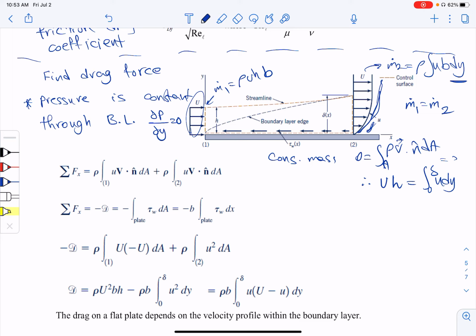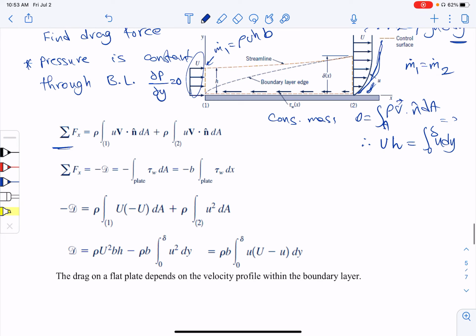And now the conservation of momentum, if we use that and substitute the conservation of mass into it, at the end this is how we get the drag force. This formula right here is the drag force, right?